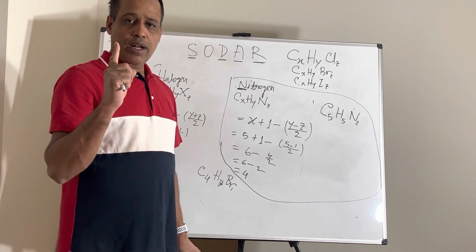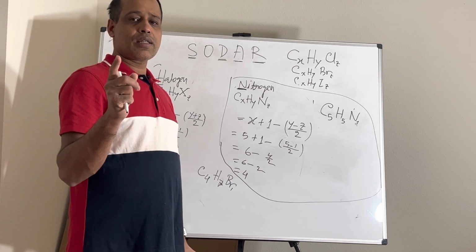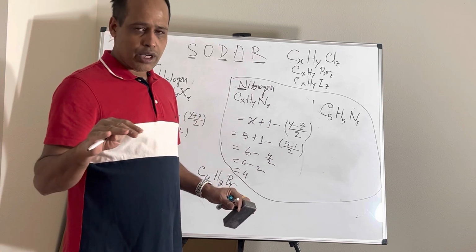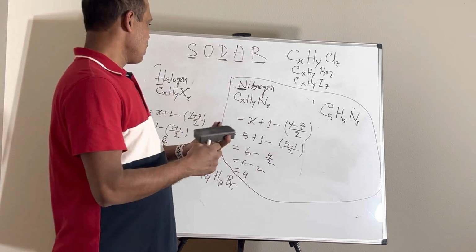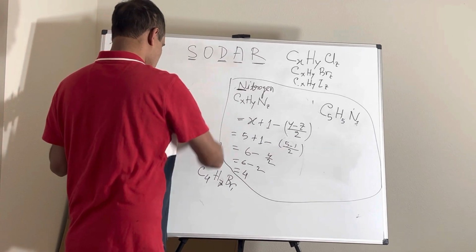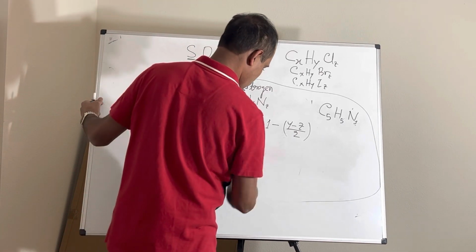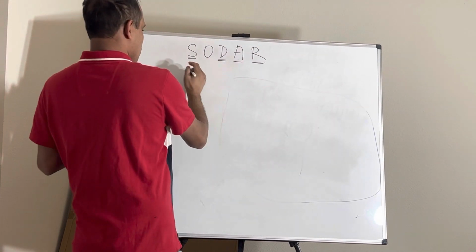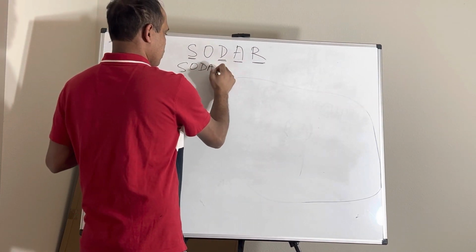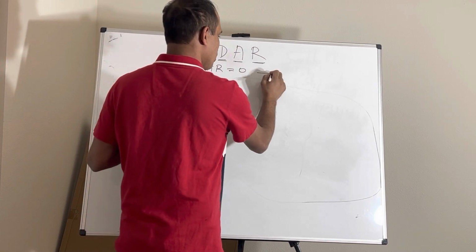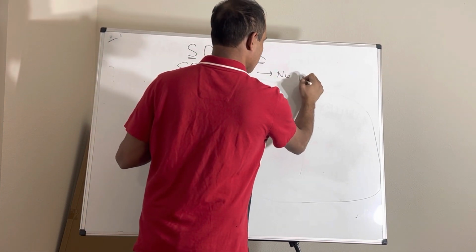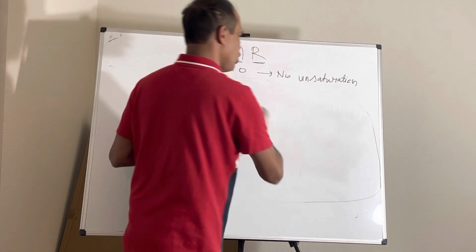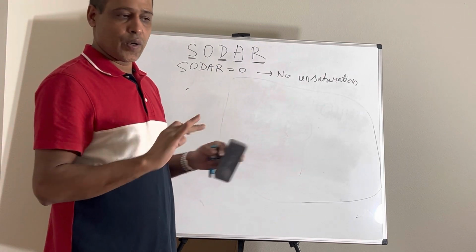So if your SODAR number is 0, in that molecule there will not be double bond, no triple bond, no ring. So when SODAR equals 0, no unsaturation, no double bond, no ring.